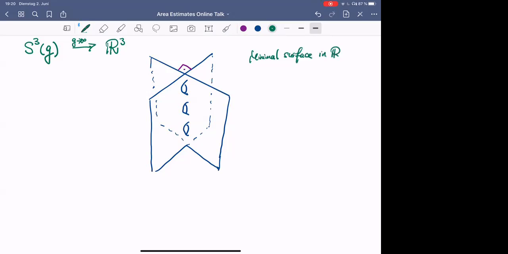In R3. And it has a known Weierstrass representation. Just to say, if you don't know anything about that, you have a very explicit parametrization of the surface, and all data is known. And this observation is actually due to Kuster, I should say, as well as the limit that is two-sphere.